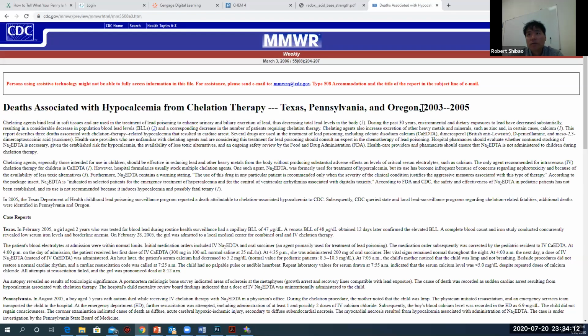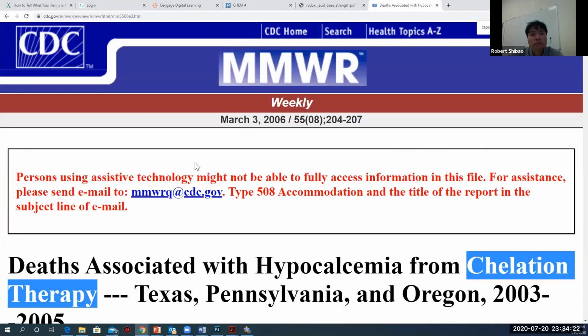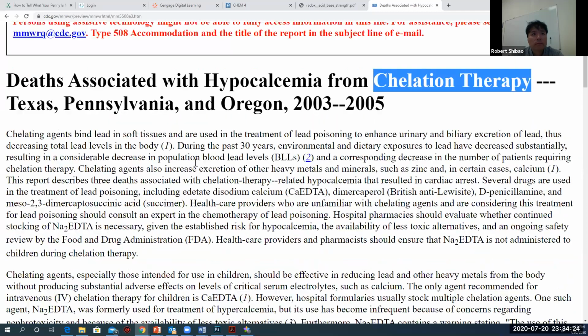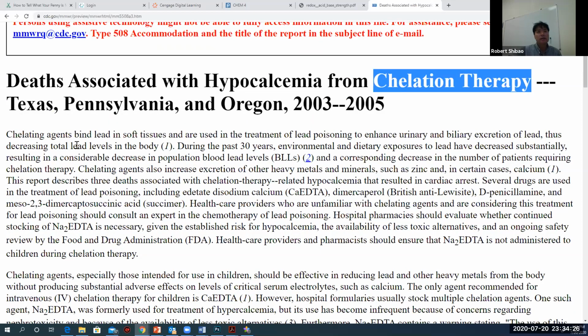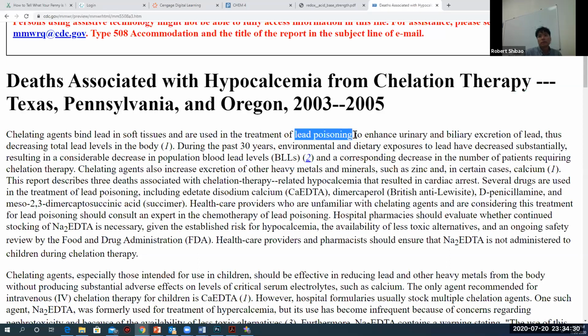This is from 2003 to 2005. EDTA is used in chelation therapy for heavy metal poisoning. It's called chelating. EDTA chelates the heavy metals like lead. These were lead poisoning. And so, well, EDTA is good because EDTA can get rid of lead in your blood. And so it's called a chelating agent.